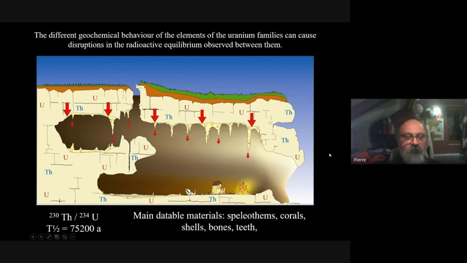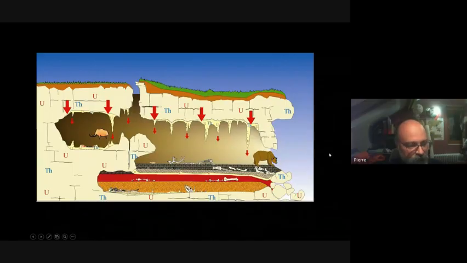But after some time, uranium contained in the speleothem begins to disintegrate, and it is transformed into thorium. So now if you determine the ratio between thorium and uranium, it is possible to give precisely the age of the formation of the speleothem.